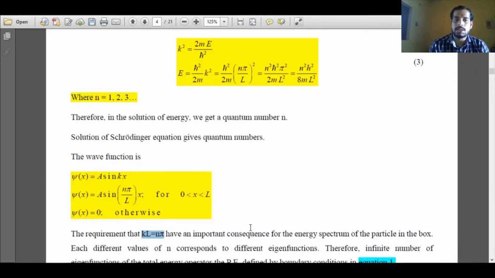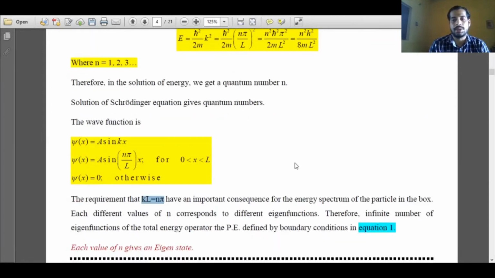For the quantum mechanical particle in the one-dimensional box, the energy value is not continuous, rather discrete. And from which condition are we getting that? By applying the boundary condition and imposing the condition that KL is equal to n pi, only then are we getting the discreteness of energy values.